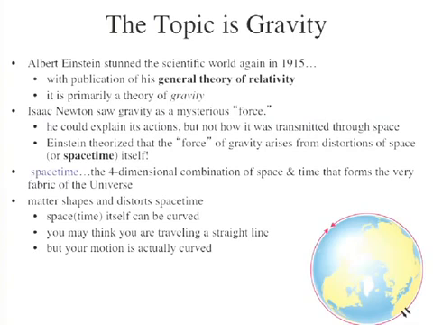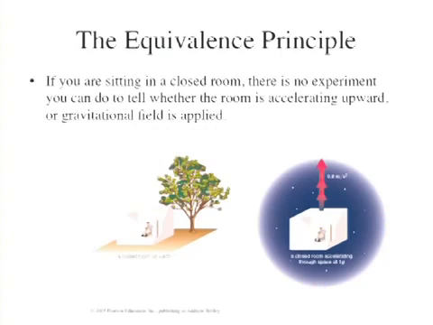It's different. Okay, so now, before we get to that, let's talk about the equivalence principle. And this is Einstein's realization that he did in 1907 or so. Suppose you are sitting in a box, and there's a tree outside of you. It's a pleasant day.